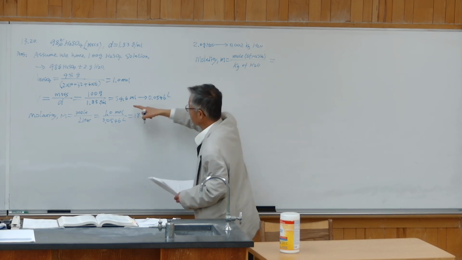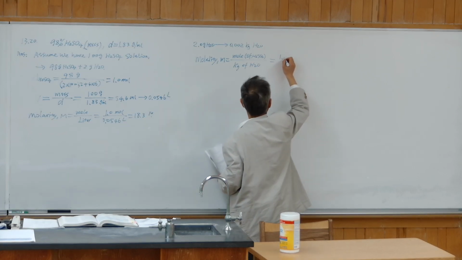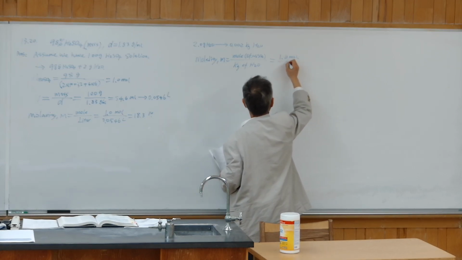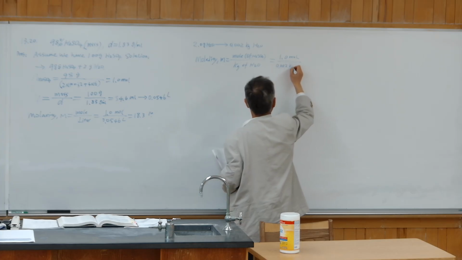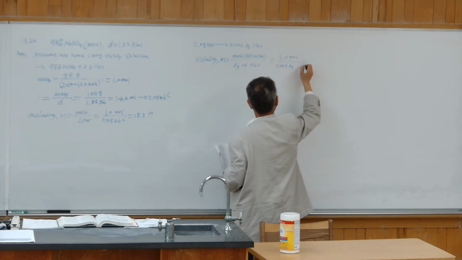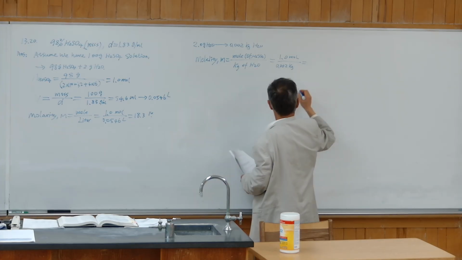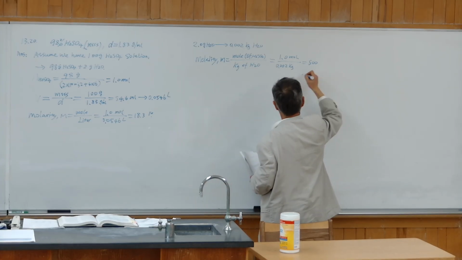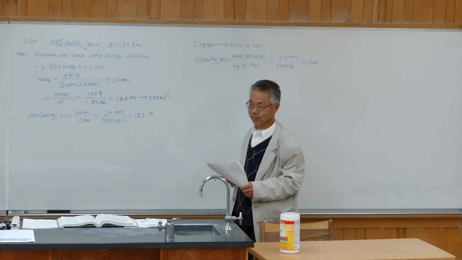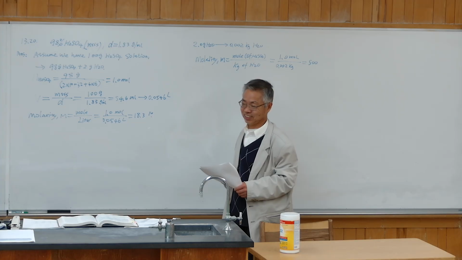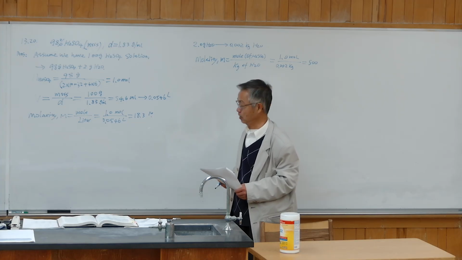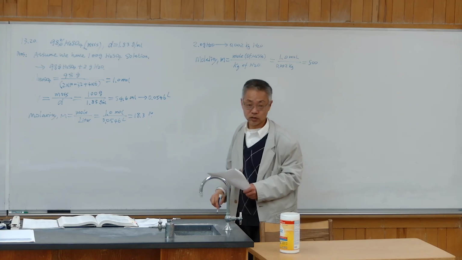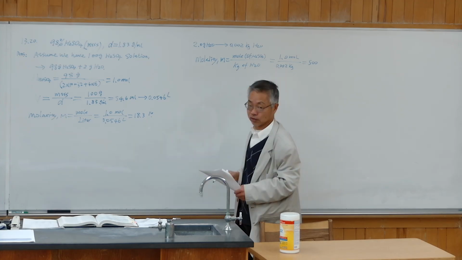Moles is 1, kilogram is 0.002, so 500. Okay, so molarity 18.3. Molality is 500, much different.